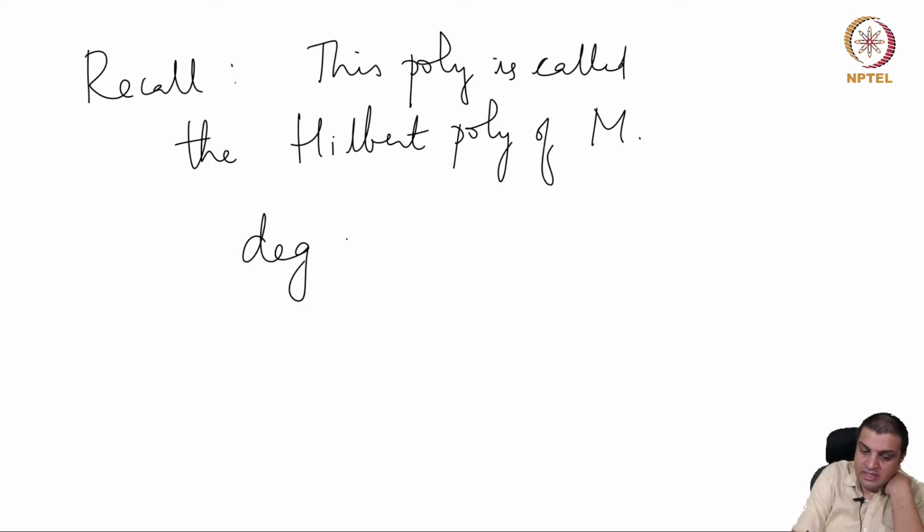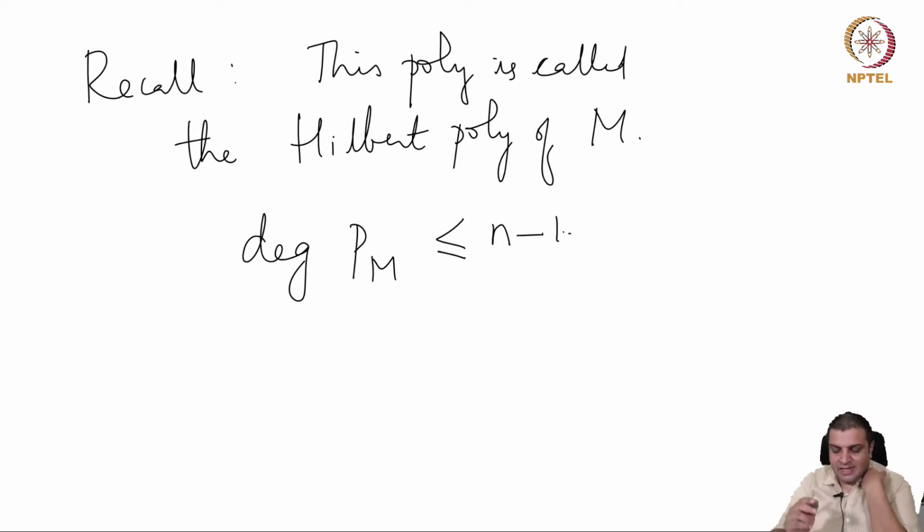Note also that the degree of the Hilbert polynomial of M is at most n minus 1. It is at least one less than the number of variables. We will need this information a little later.